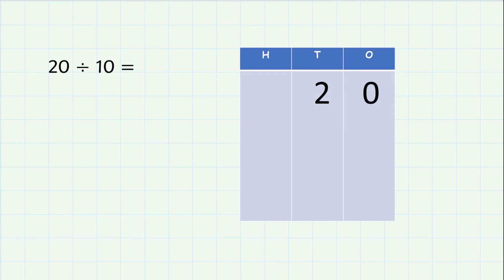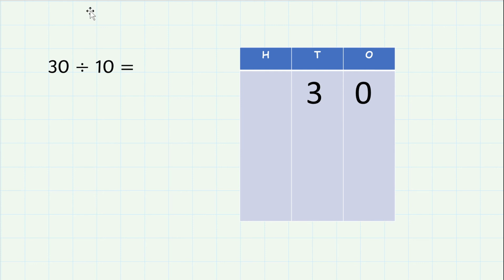Okay, let's have a look at this one. We have got 20 divided by 10. So if we do the same trick, we have 20, we're dividing it by 10, so we're going to move it one space to the right, and the answer is 2. Okay, a couple more. Same thing again.